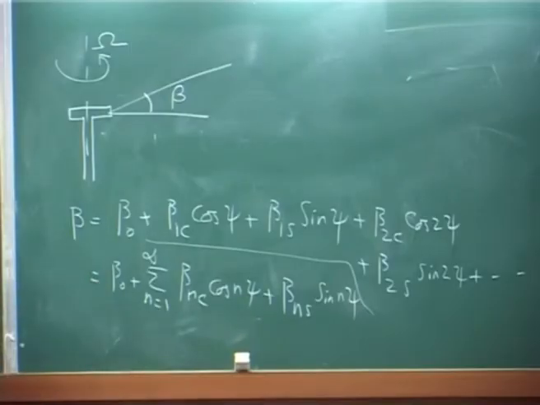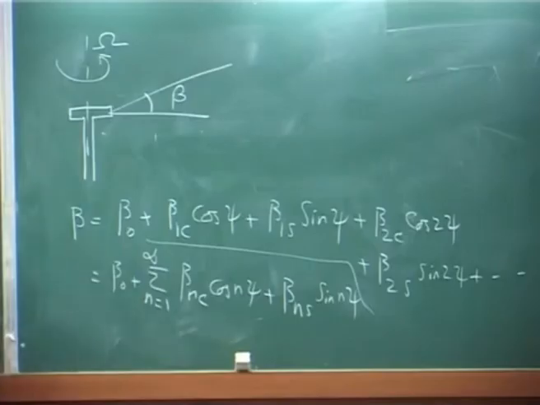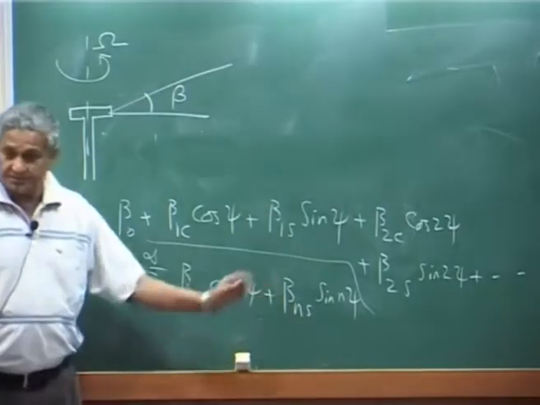So, my flap motion is a Fourier series. So, we got inflow, which is not time varying, sorry, azimuth varying. Now, you have flap motion, which is represented like this, which has all the harmonics.